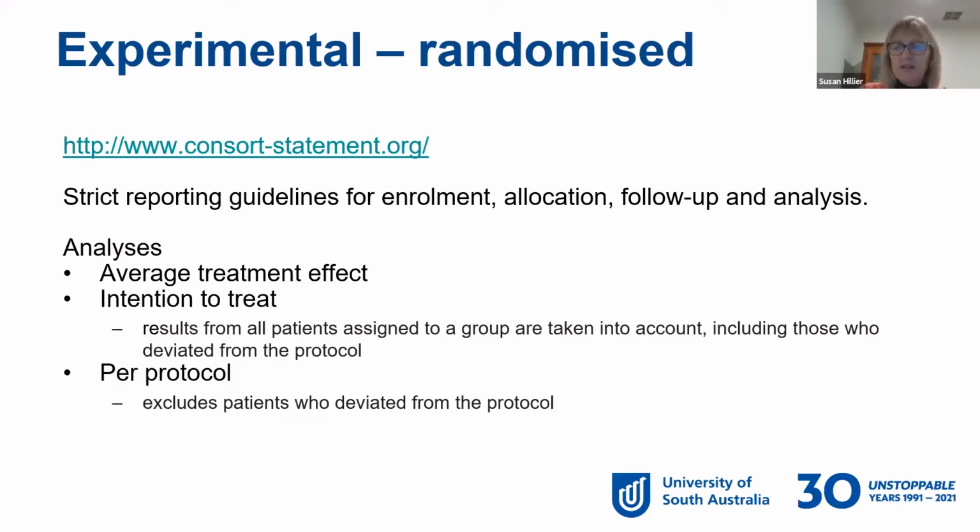The difference in effect can be interpreted statistically, classically using the probability of less than 0.05, and we can also interpret this average treatment effect, and the difference in the average treatment effect, against accepted minimal clinically important differences.